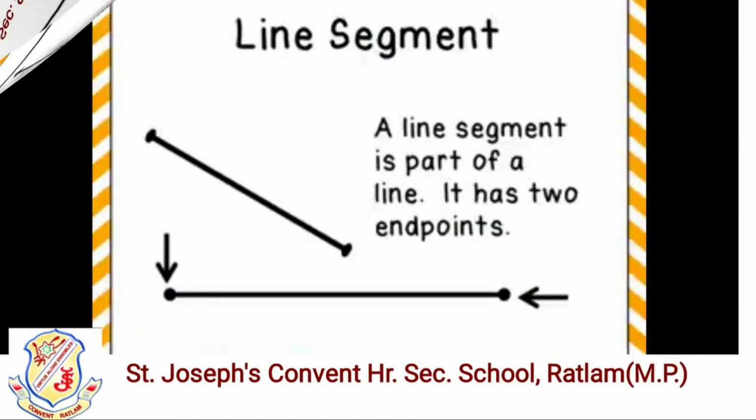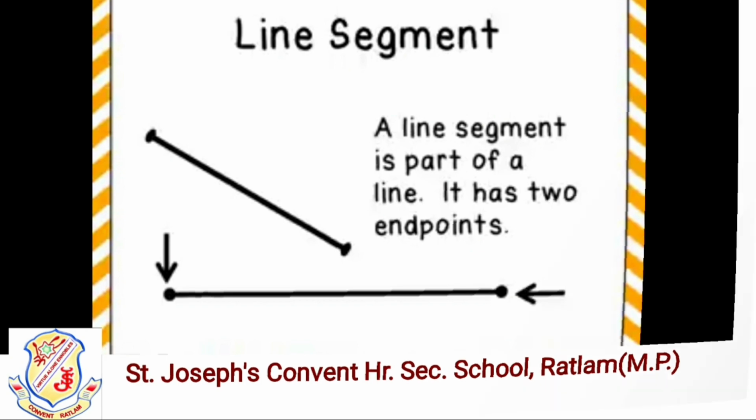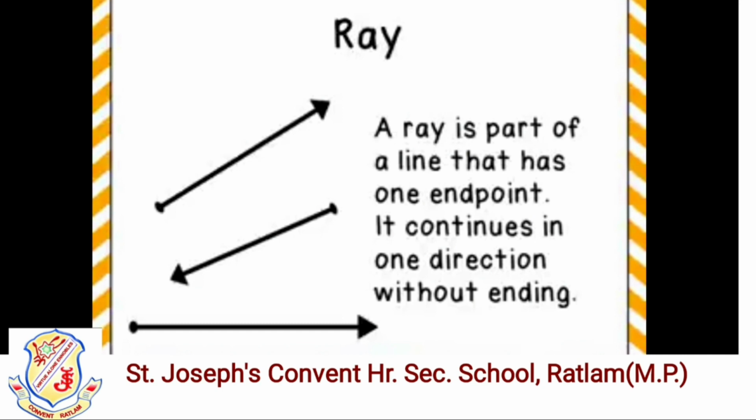Then we have seen that when we join two points, we get a line segment which has a fixed length and we can measure this length easily. Then we have seen a ray. A ray is a part of a line. It means if we extend the line in only one direction without ending, we will get a ray. The best example for a ray is sunlight.